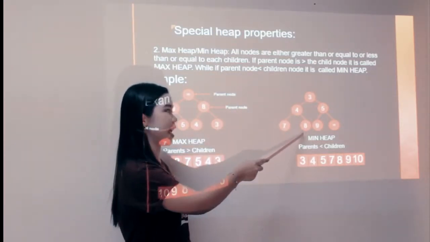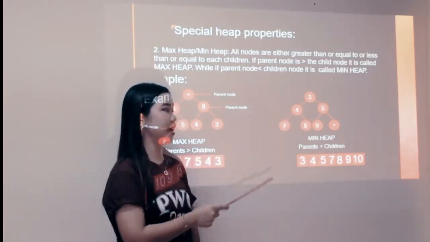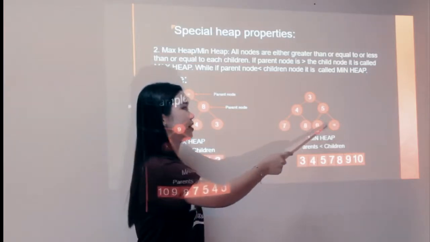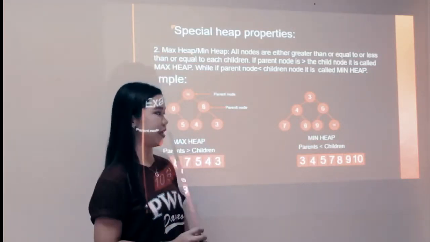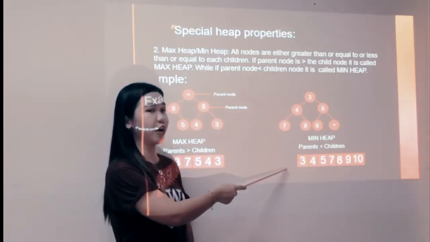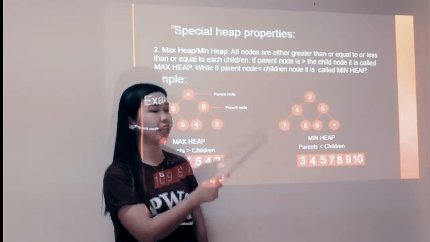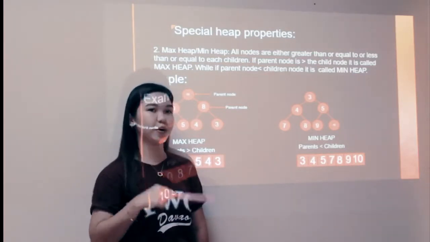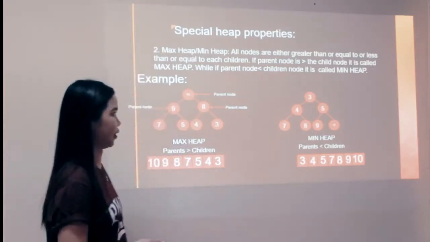Well, 7 and 8 are greater than the parent node 4, so this is a min heap also, while 9 and 10 are greater than 5, so it follows the property of a min heap. So this will be the array for your min heap: 3, 4, 5, 7, 9, 8. As you can see, the lower numbers start, and the ending is the greater numbers.